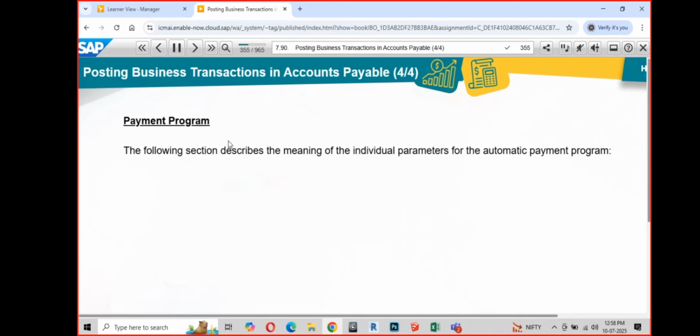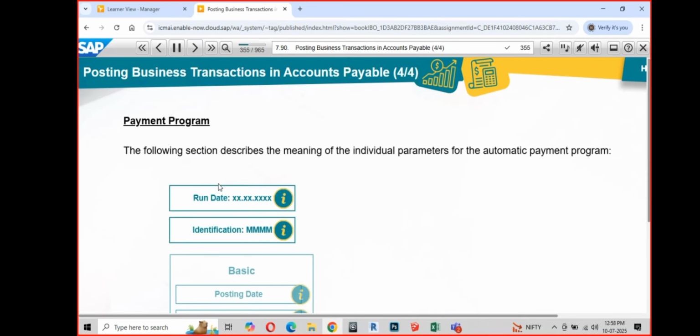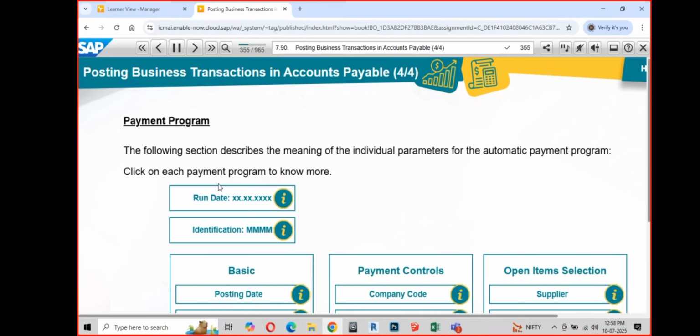One of the most critical features in your AP module, as far as finance is concerned, is not the responsibility of the material management module, but this payment is very, very critical and unique to the finance consultant only. You see something called APP, automatic payment program.